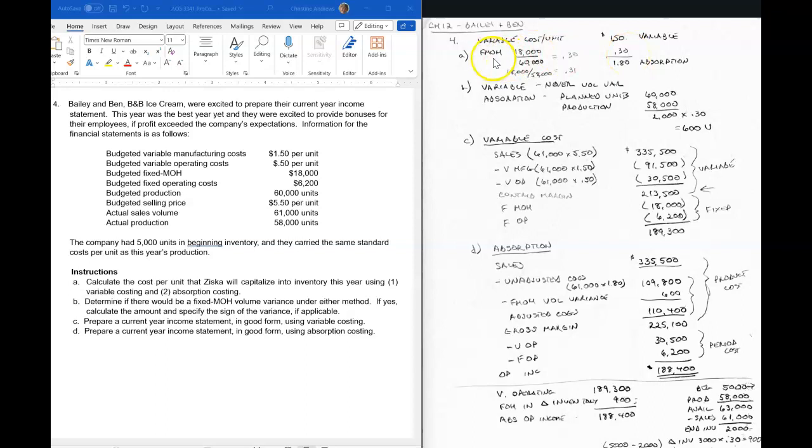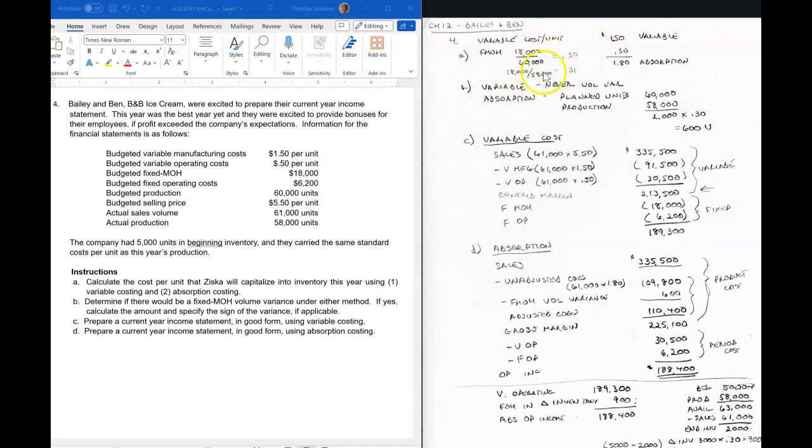So our fixed manufacturing overhead is $18,000. Here's our budgeted fixed overhead, $18,000, and we would divide that by our budgeted production, so budget over budget, right? That gives us our rate, 60,000, so that's 30 cents per unit.